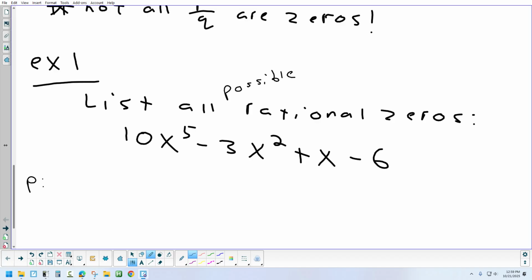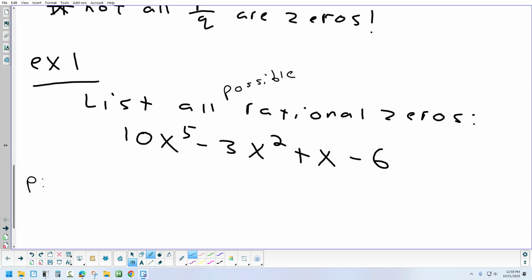Start with p. P are all the factors of the constant. What is my constant in this case? -6. What are all the factors of -6? 2 and 3. 6 and 1.